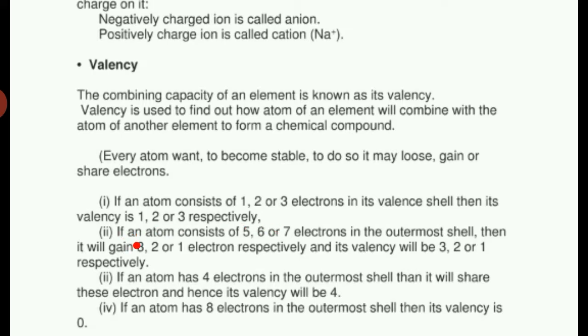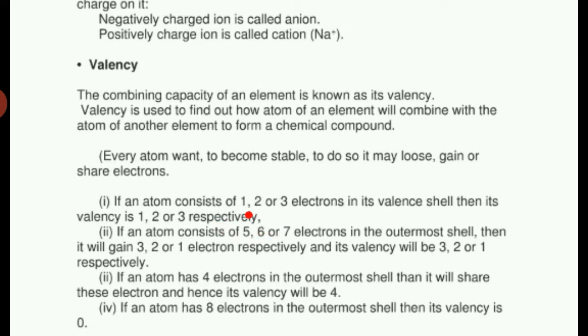If an element has 5, 6 or 7 electrons in its outermost shell, then it will gain 3, 2 or 1 electrons respectively, because every element wants to complete its octet. The octet is complete with 8 electrons in the outermost shell, except in the case of hydrogen and helium, which complete with 2 electrons only.